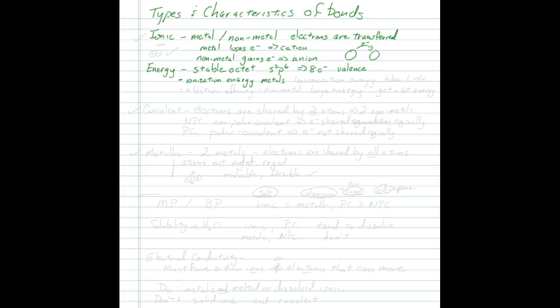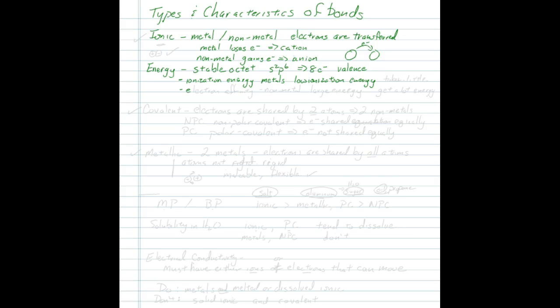They have 1 or 2 electrons far away, so it's easy to lose those electrons because they're far away. So they have a very low ionization energy, which means it does not take a lot of energy to remove it.